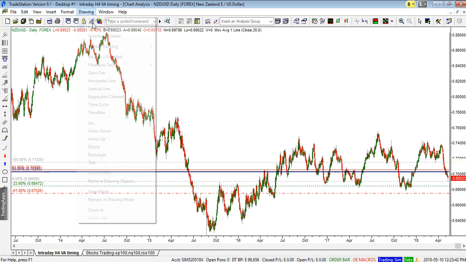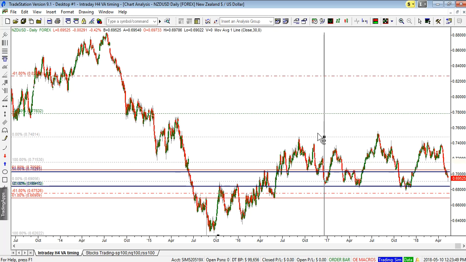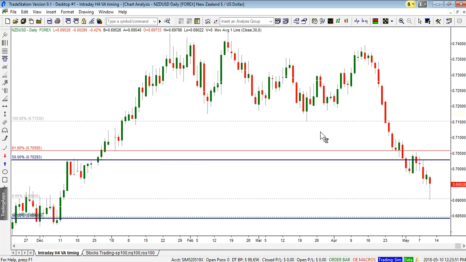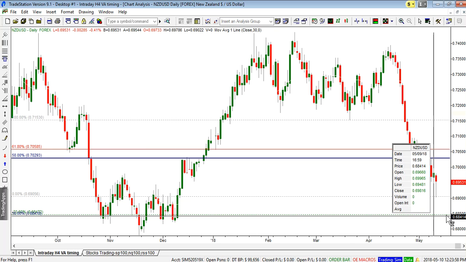That's what we see, right, from lows to highs here. The first target lines up perfectly with the 50% long there.